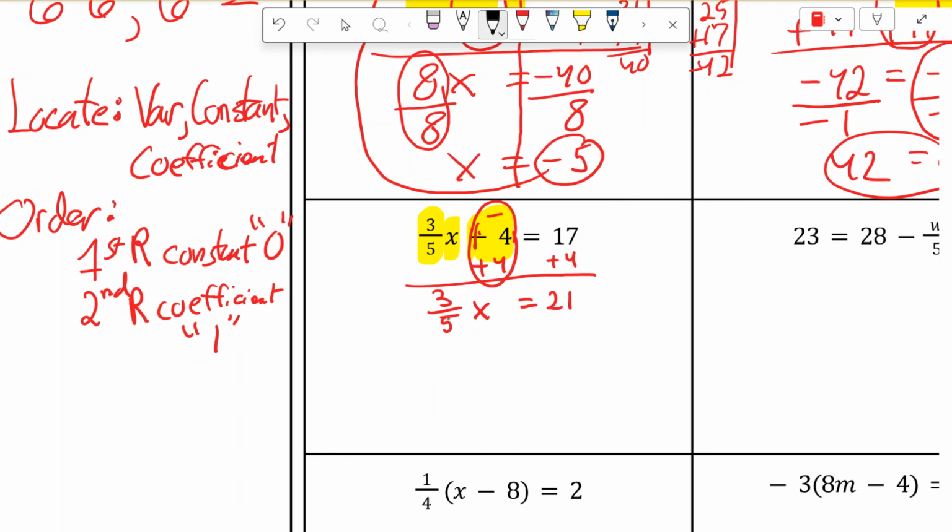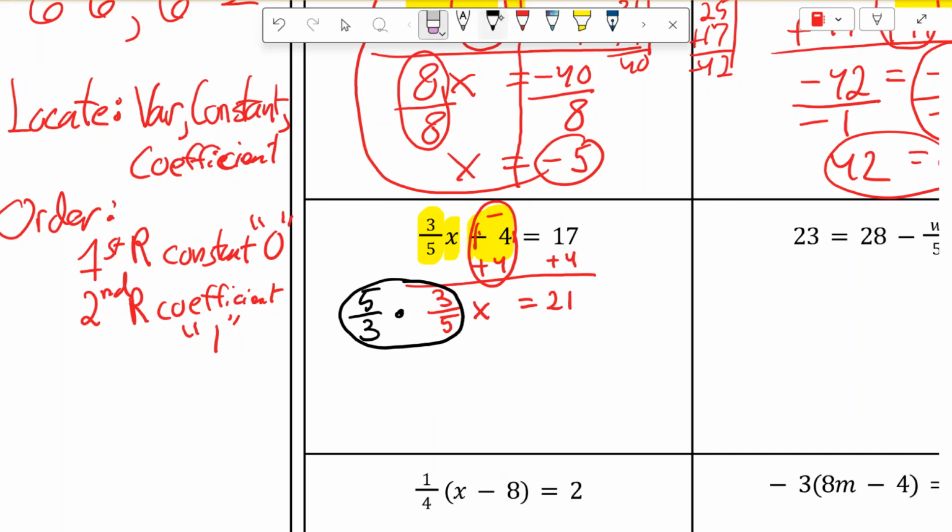Okay, now we need to get rid of the 3/5. That's multiplying the x. There's two ways to do this. You could either divide by 3/5, which would give you a 1, or you can multiply by its reciprocal, which would also give you the number 1. So multiplying by its reciprocal is faster because that's what you're going to end up doing with the division anyhow.